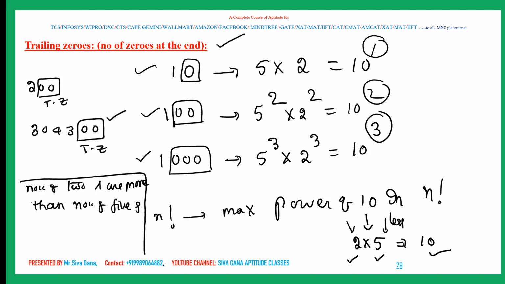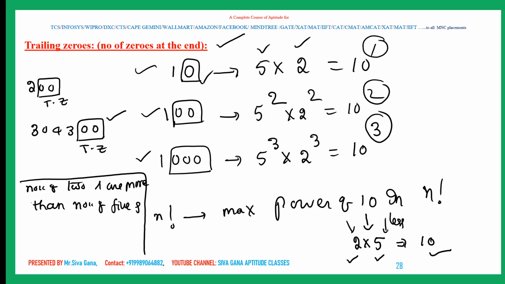Okay, but if you want a trailing zero, you need both 5 and 2. But in the given factorial, which are less? 5s are less. To get the 0, 5 and 2 both are required.